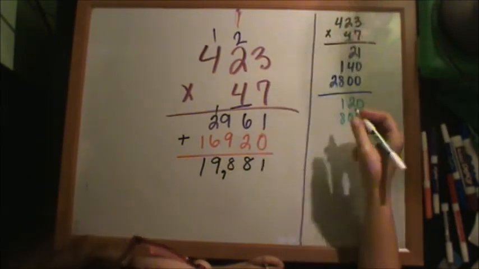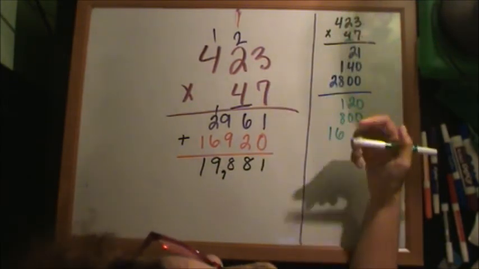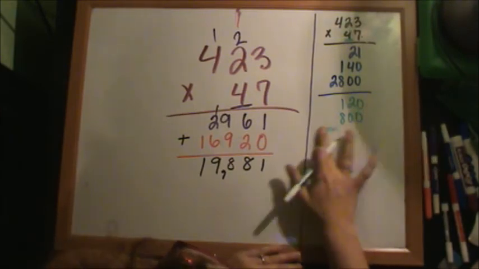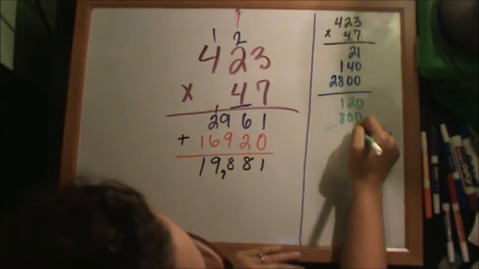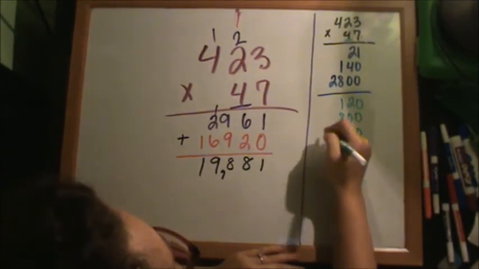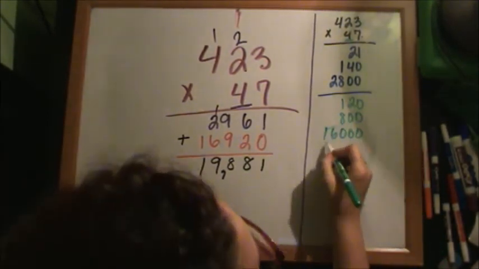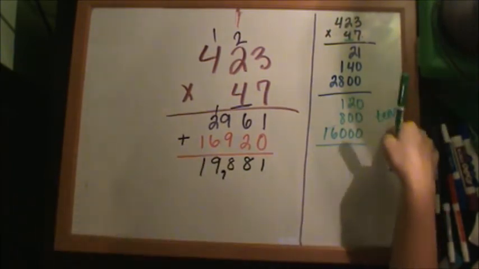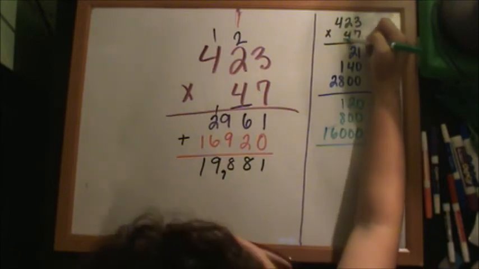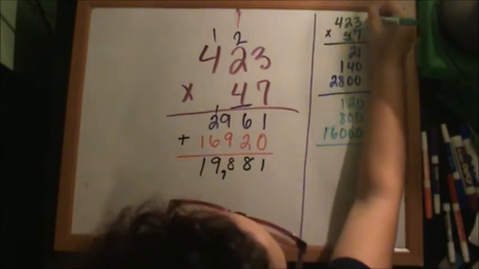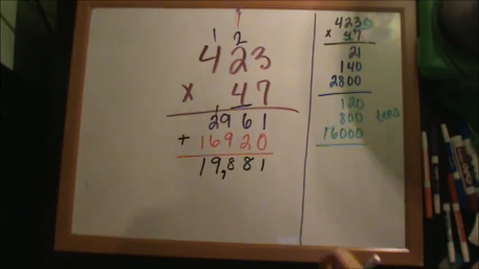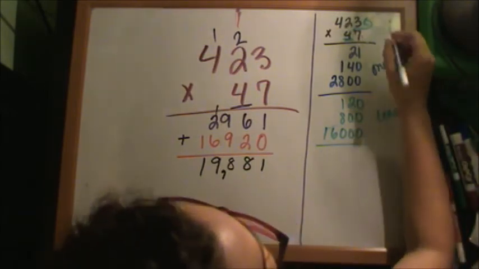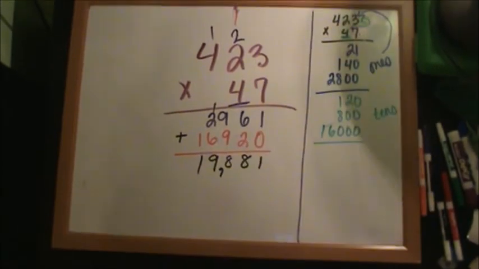And then 4 times 4 is 16, and we know that 400 times 40 gives you 16,000. So here's my tens. This was when we multiplied the 4 in the tens place by every number up here. And this right here is when we multiplied the ones by every number up here.